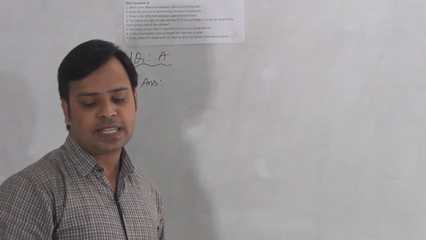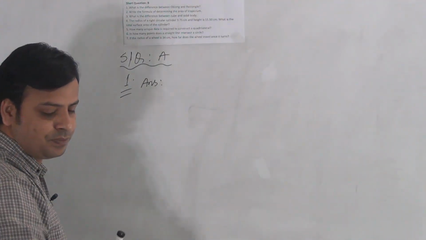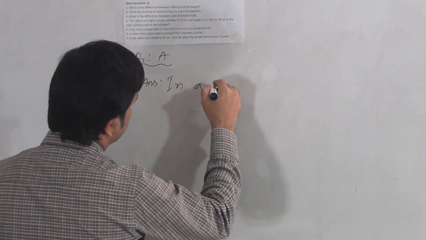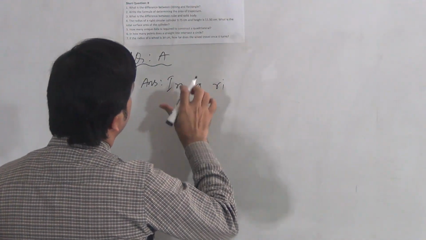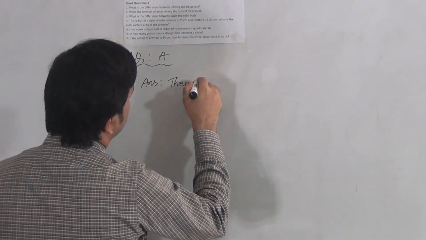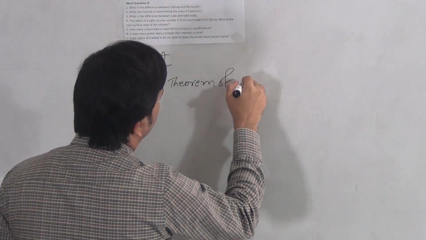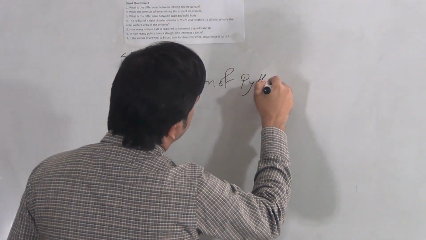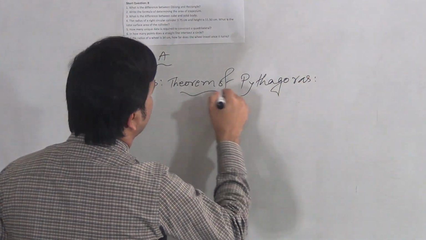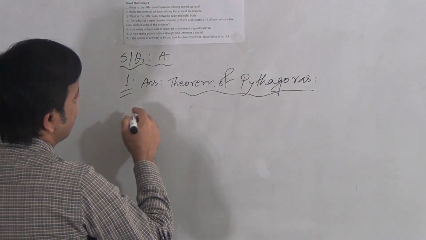In a right angle triangle, or you can write here theorem of Pythagoras at first. Theorem of Pythagoras. Then write the statement here.